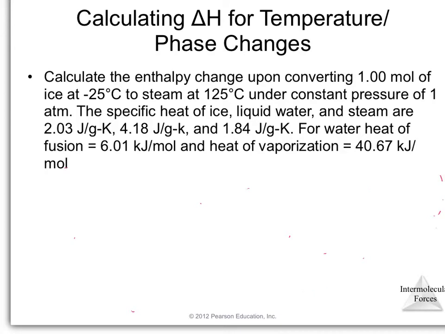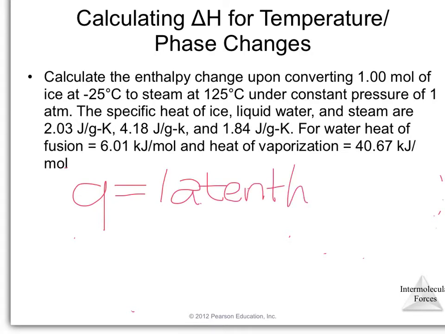So whenever we find Q for a phase change, we just want to take our heat of fusion, whatever our latent heat is. So Q is going to equal our latent heat times moles, however many moles we have.